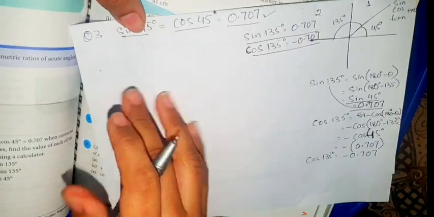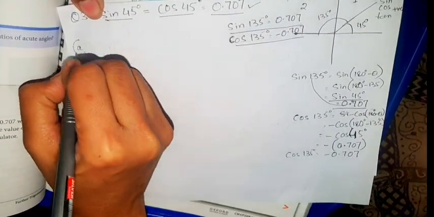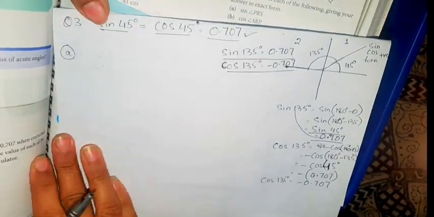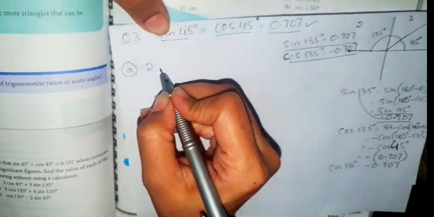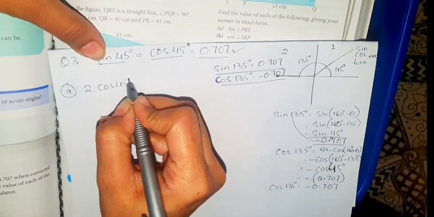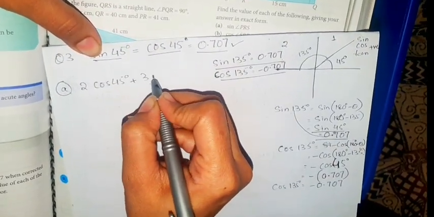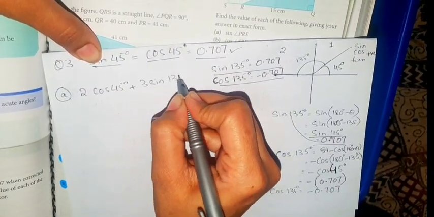Now we are going to start with part A. It is very easy now because whenever we get any value we just put the value in and solve. 2 cos 45 degrees plus 3 sine 135 degrees.